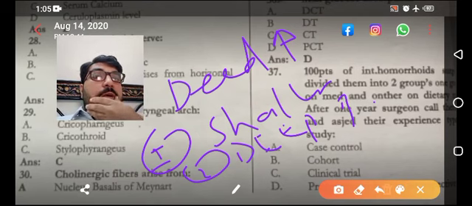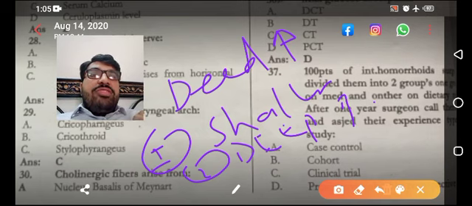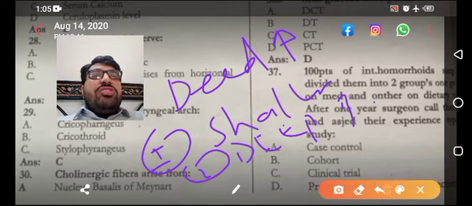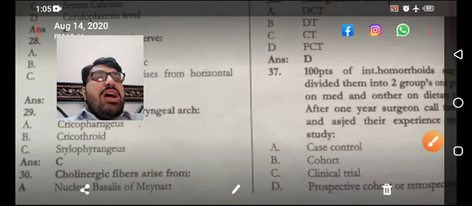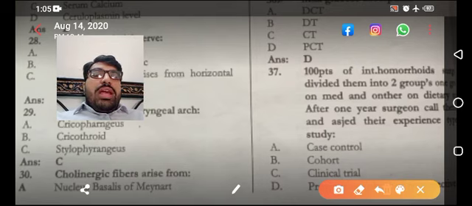Well, there was another video on my YouTube page, and there were people texting me that in that video you said it was shallow breathing, and now you are sharing the reference of deep breathing. So I would like to clear this, that dead space increases in both shallow breathing and deep breathing. How in shallow breathing? Because shallow breathing means you are breathing like this.